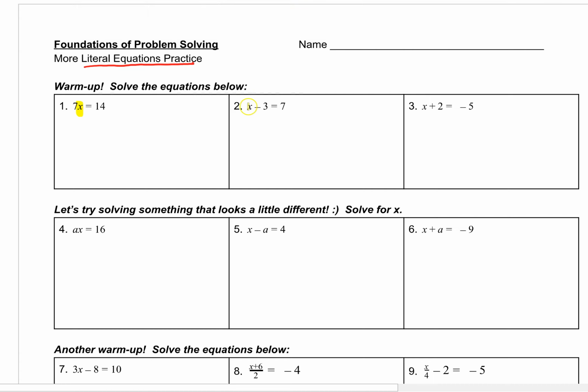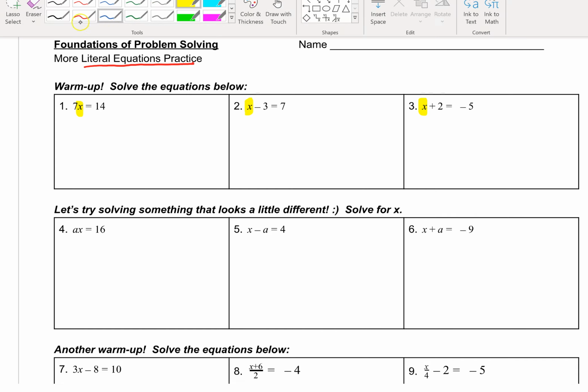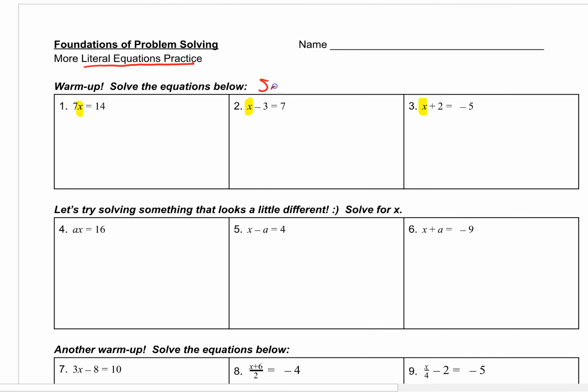It says solve. Here there's really just no question about what we're solving for. We're solving for x. Now 7 is being multiplied to x. This is 7 times x.